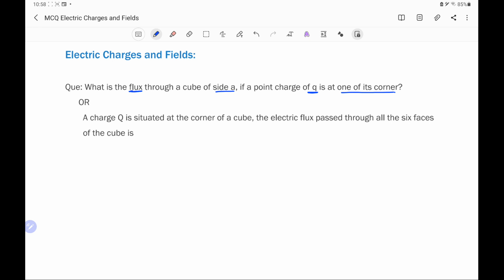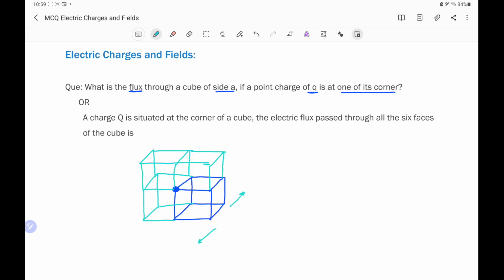We will do this problem alternatively, where there are 8 equivalent cubes touching the corner which has the charge Q. The figure shows that the cube which has the side A has a charge at the corner which is Q. Now, with this contact, we have shown here 4 unit cells which are in the backward direction.